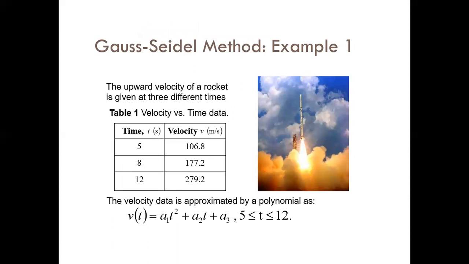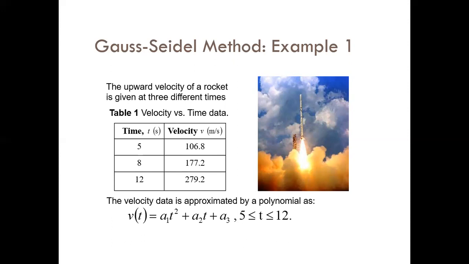So we take one simple numerical. The upward velocity of a rocket is given at three different times. The table shows velocity versus time data. Time is in seconds and velocity in meters per second.